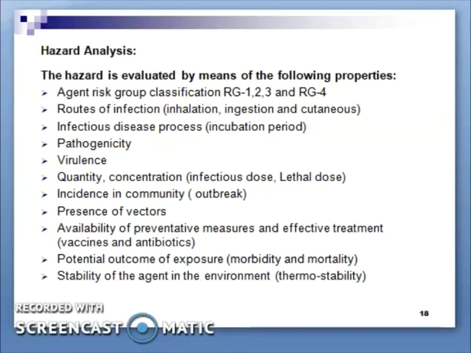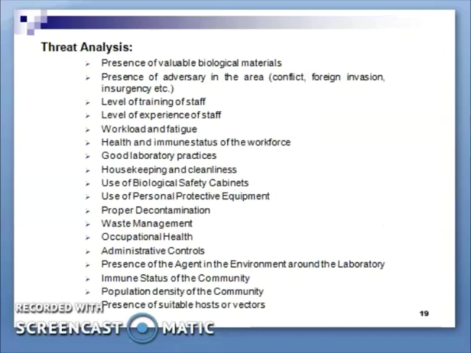Similarly, we analyze threat as the presence of valuable biological materials. I told you in all my classes that whenever we have something that is an asset, we need to protect that asset.